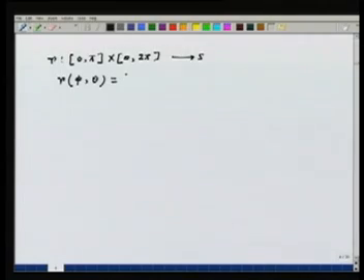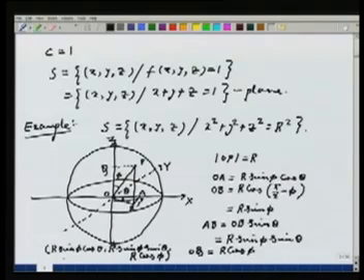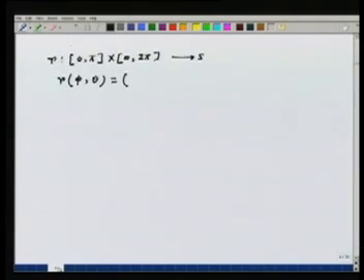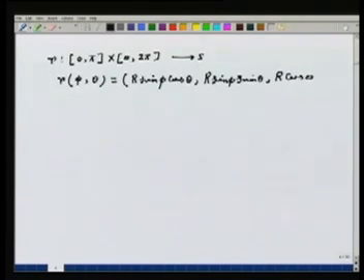Now comes the first coordinate. I go back to the picture again. The first coordinate is R sin phi cos theta, then R sin phi sin theta, and then R cos phi.